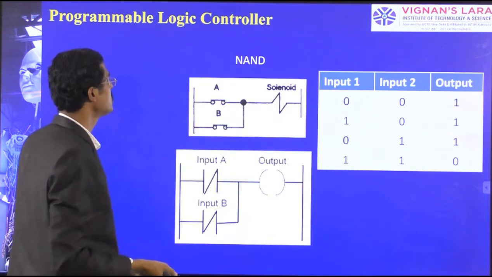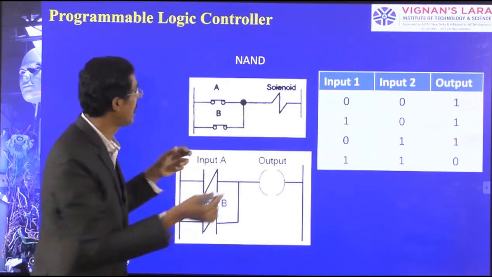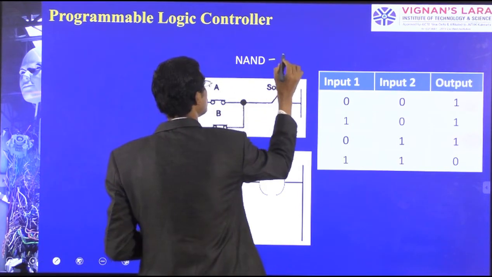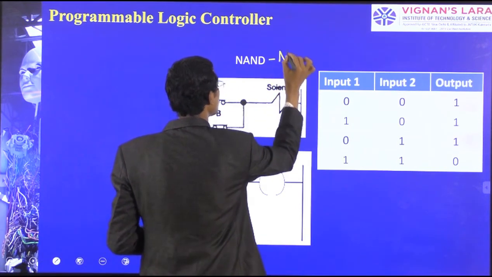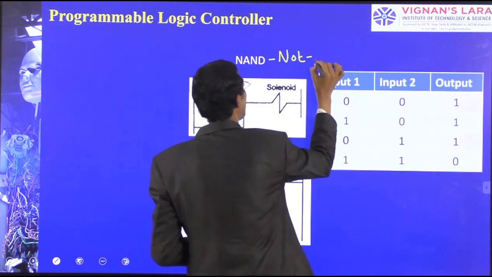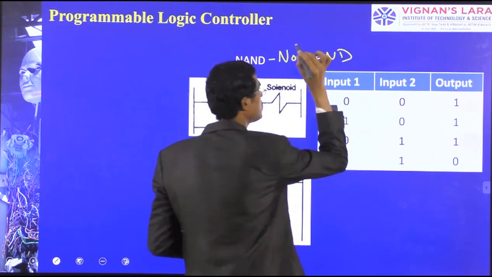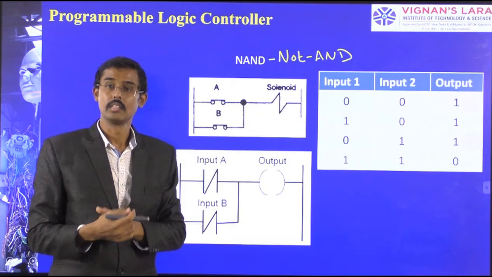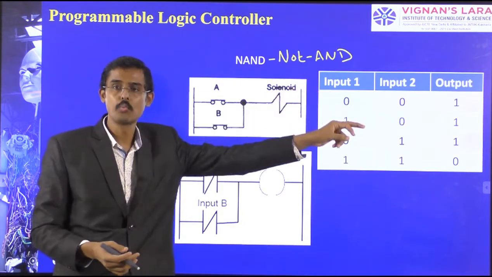Now we move towards the NAND gate. It means I am writing this in another format, NAND, as NOT AND function. We have seen AND means both should be activated, then only the power output will come.